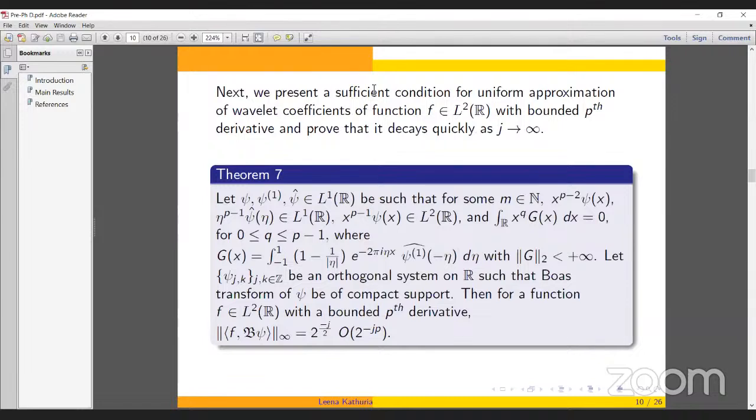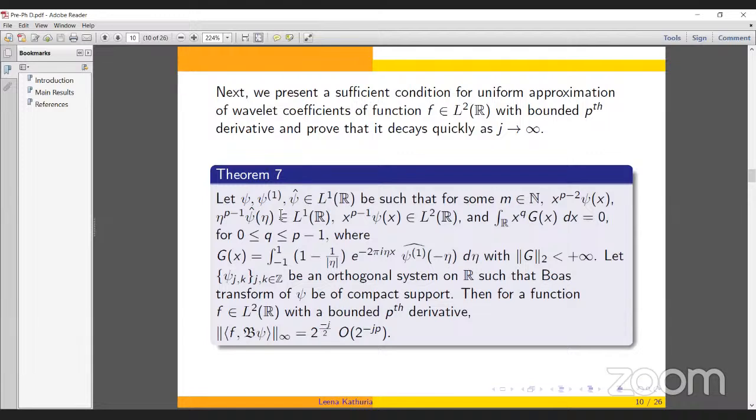Now we present a sufficient condition for uniform approximation of wavelet coefficients of a square integrable function with bounded pth derivative and prove that it decays quickly as j tends to infinity. This is the theorem, in the form of Theorem 7, where we have taken a wavelet psi, which is integrable.